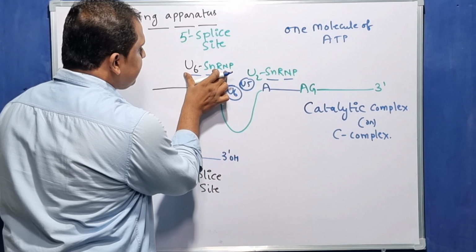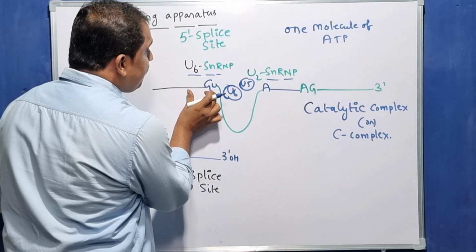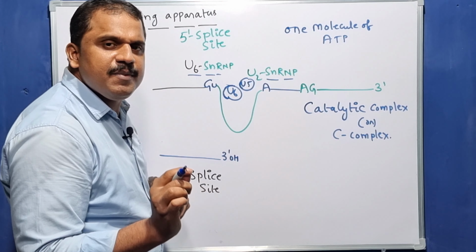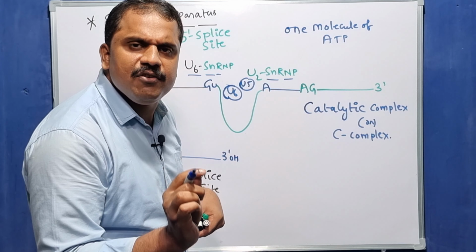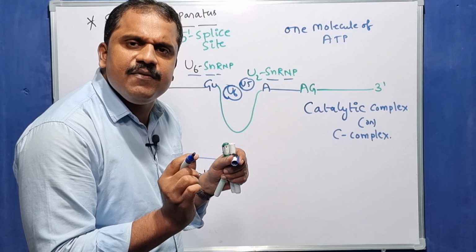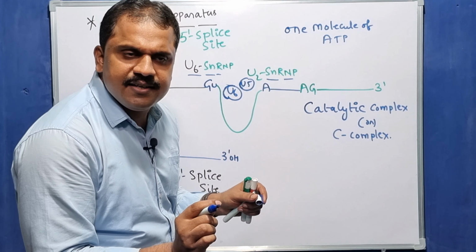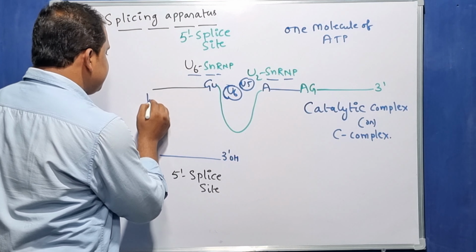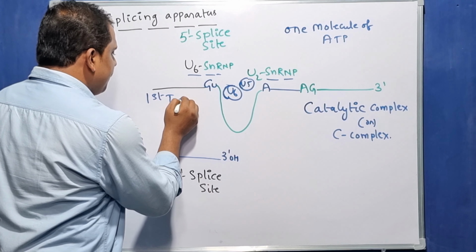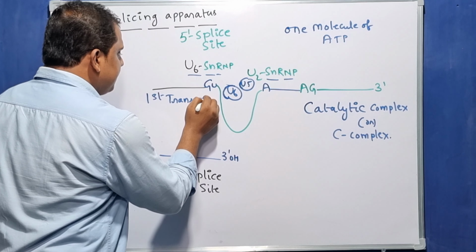The specific U6 snRNP, which is in association with the 5' splice site, is capable to induce the nucleophilic attack or nucleophilic cleavage by taking the advantage of trans-esterification reaction. So here it is nothing but the first trans-esterification reaction, right?